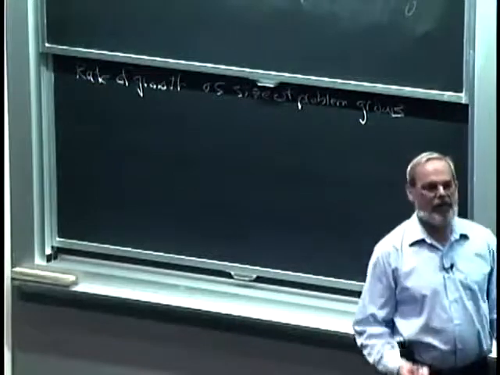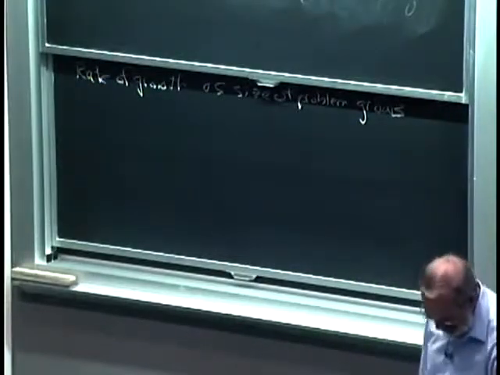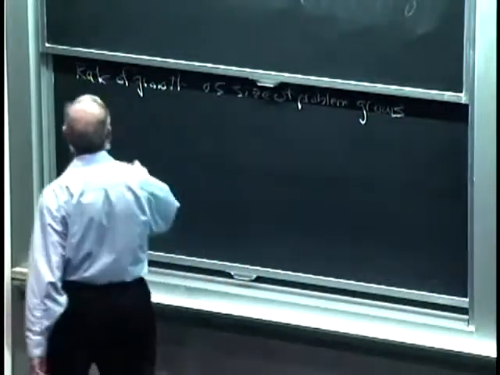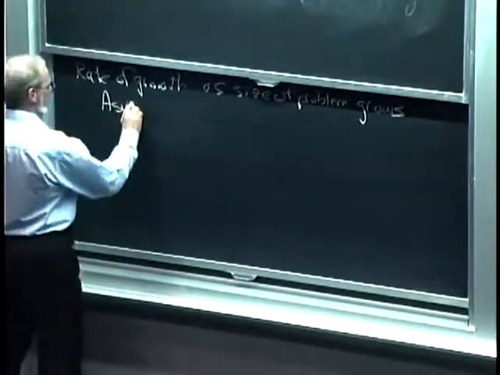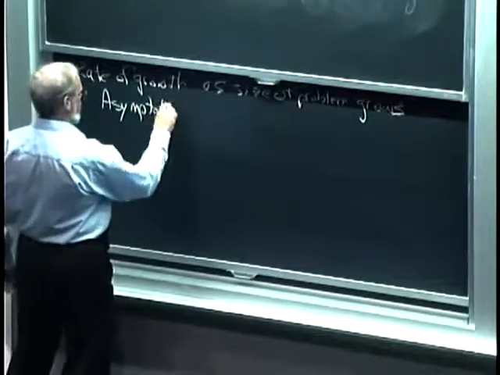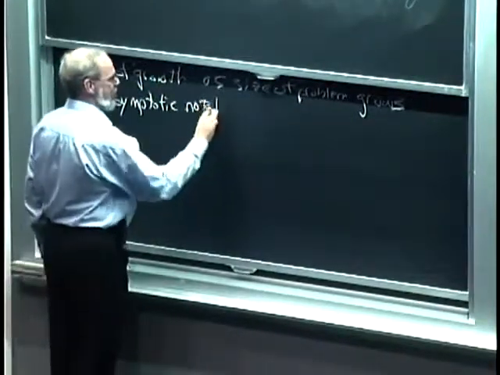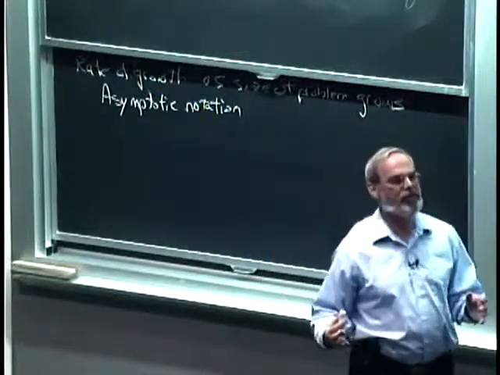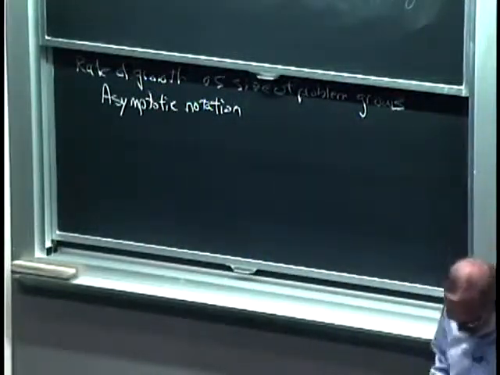In other words, how much bigger does this get as I make the problem bigger? And that means we're going to use something we'll call asymptotic notation. I love spelling this word. Meaning, in the limit, as the size of the problem gets bigger, how do I characterize this growth?